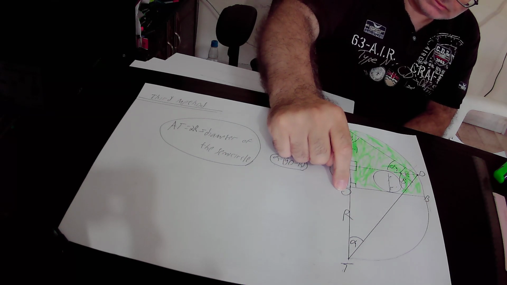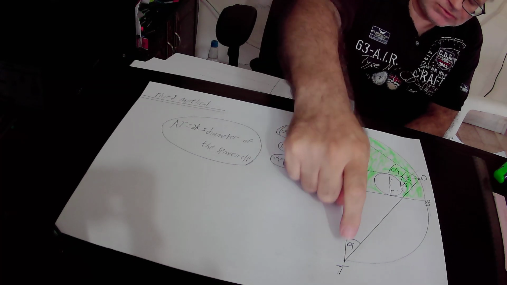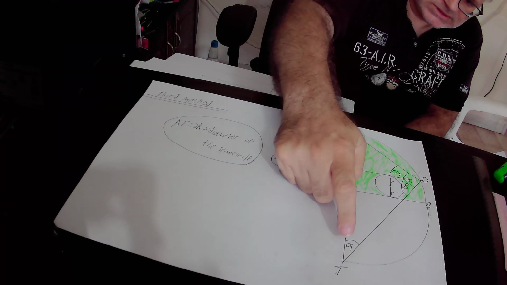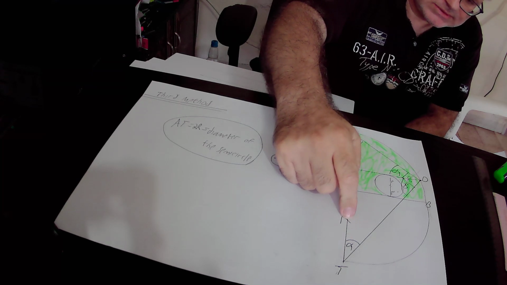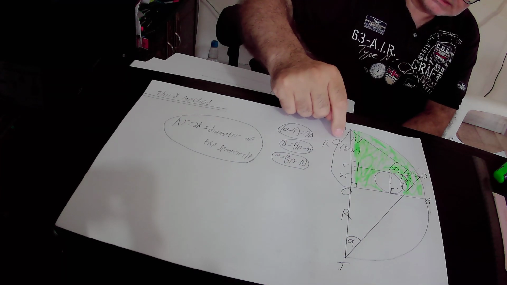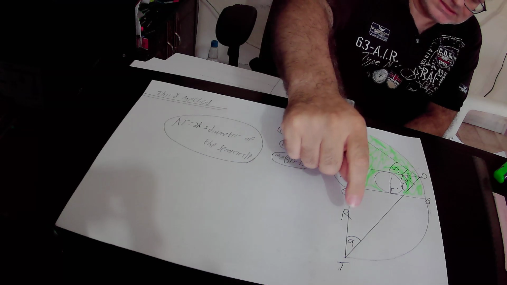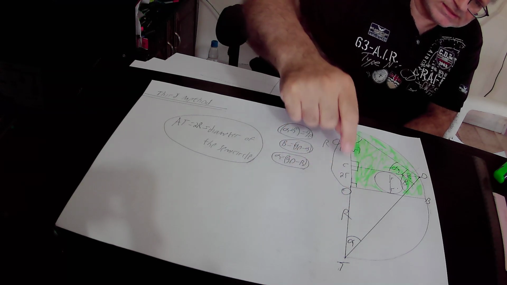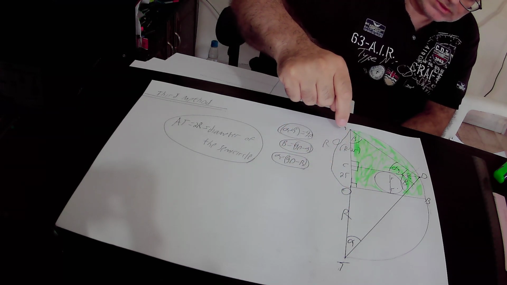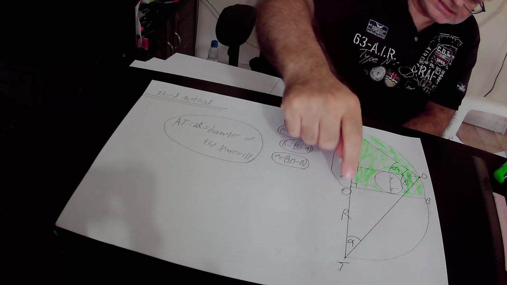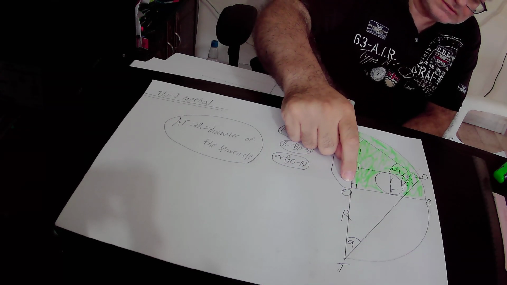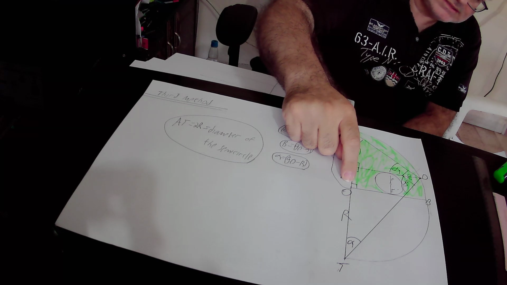Point O is the center of the semicircle, point T is a point on the semicircle, therefore OT is the radius of the semicircle that is equal to capital R. We extended the radius AO by a straight line. When you extend a straight line by a straight line, the result is a straight line. So AT is a straight line that passes through the center of the circle, and it is equal to 2R.